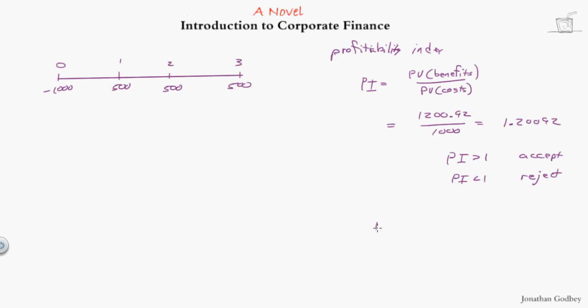Okay, another way to write this, the profitability index is equal to the net present value plus the cost divided by the cost. I can do this because we're always saying the costs come in year 0, as long as I'm making that assumption. And then I know that the net present value is equal to minus the cost plus the present value of the benefits.